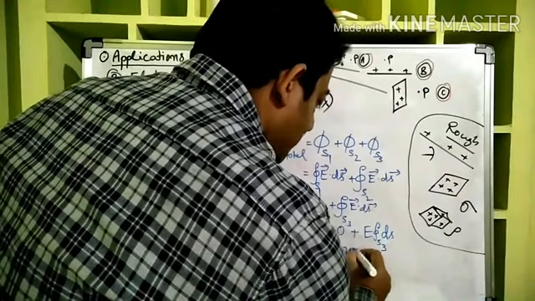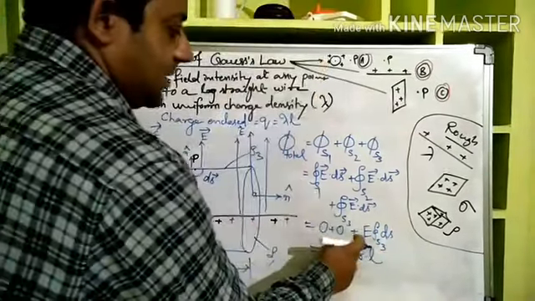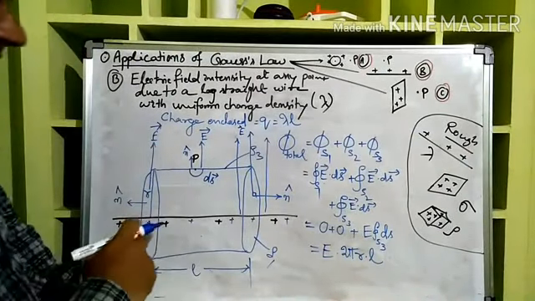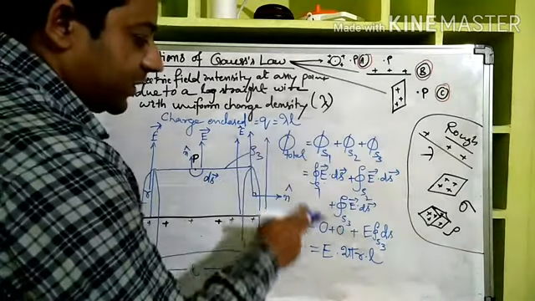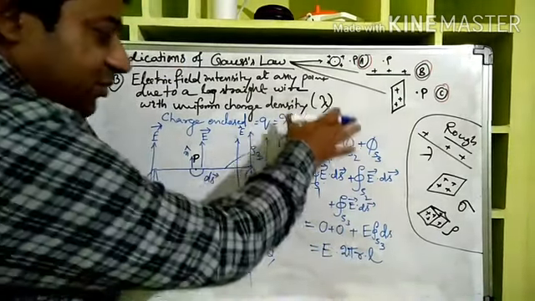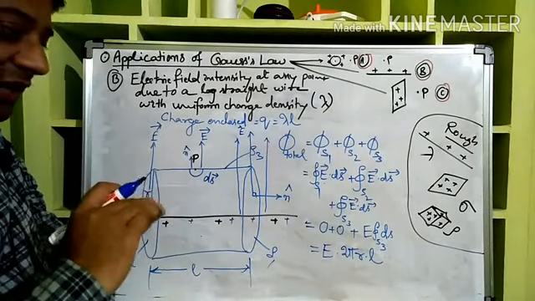Can I say 2 pi r multiplied by L? Isn't it the area of S3? 2 pi r multiplied by L. So phi total is equal to E into 2 pi r into L. This one we got by pure mathematical derivation. We haven't applied Gauss law till now.